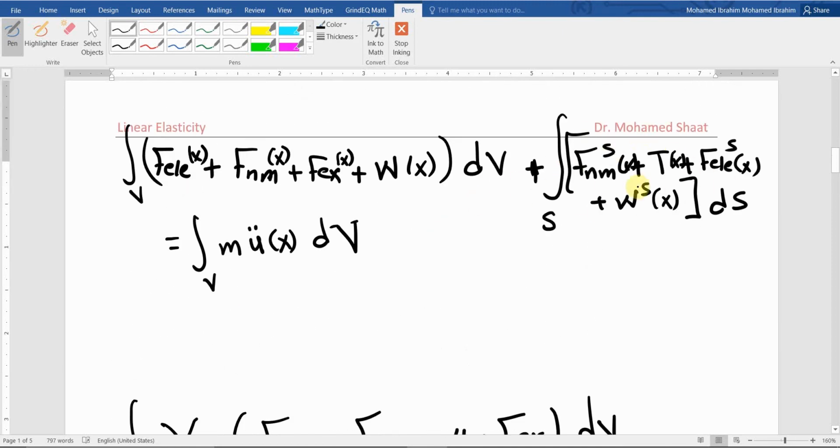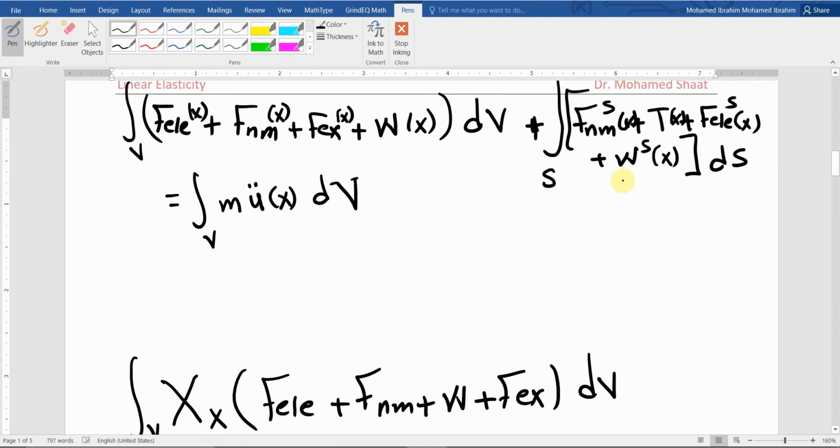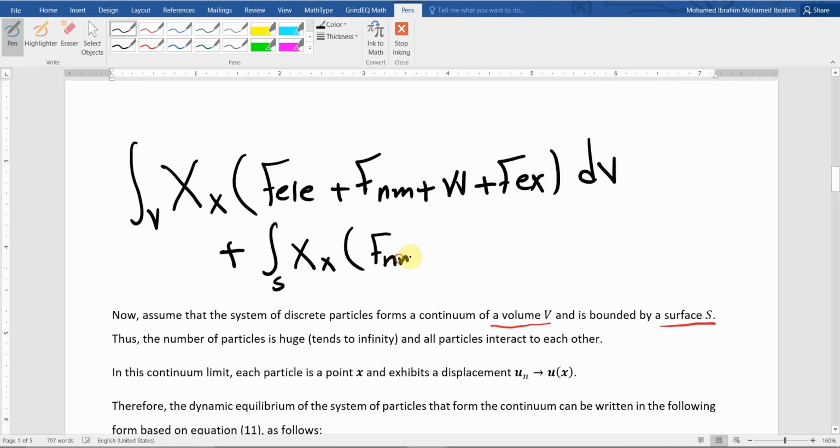also there are some forces over the surface. They do have a moment. The moment is simply the cross product of this with x, which is the position vector. So this is going to give us the integration over the surface of x cross the multiplication of these surface forces, which are the F nm plus the weight of the particle located over the surface plus the force of interaction of the particle located over the surface plus the external force, which we just agreed to give a name like T, ds.